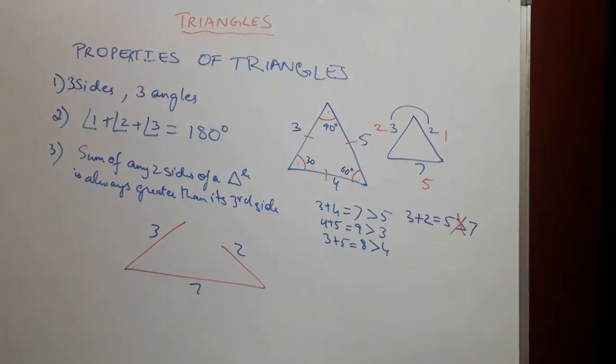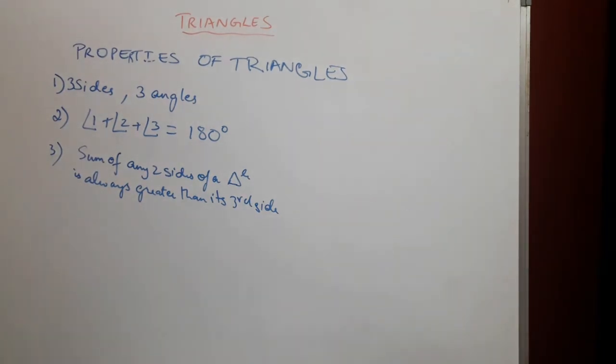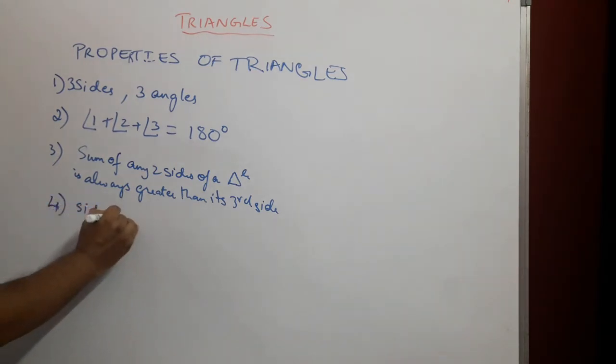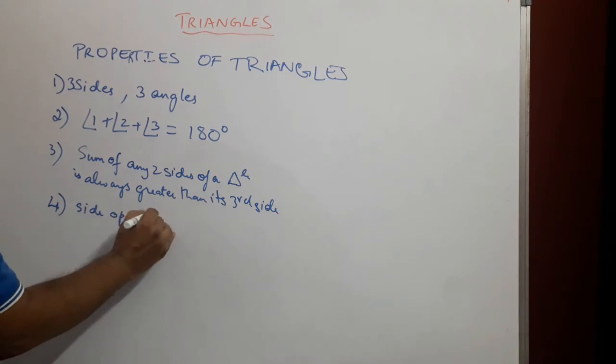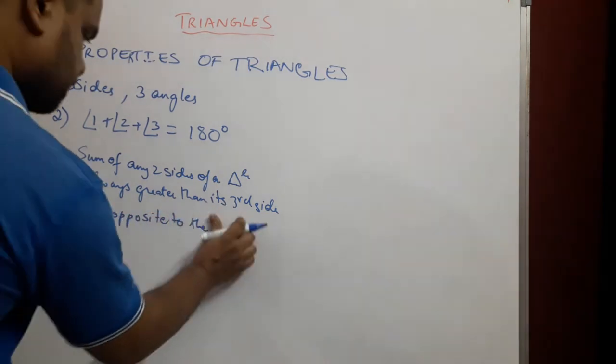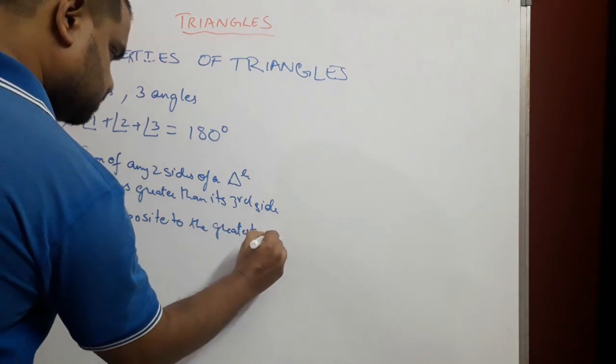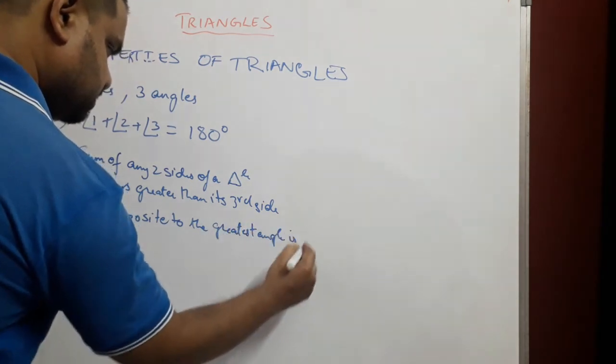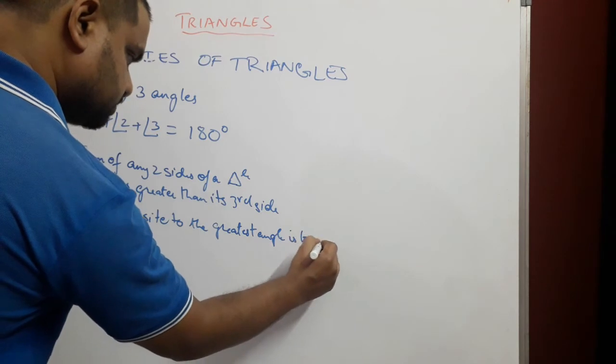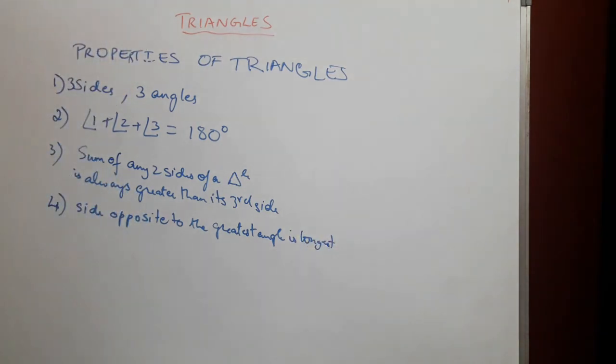Okay. Coming to the next property, which says that the side opposite to the greatest angle is longest. Let us see how this works.